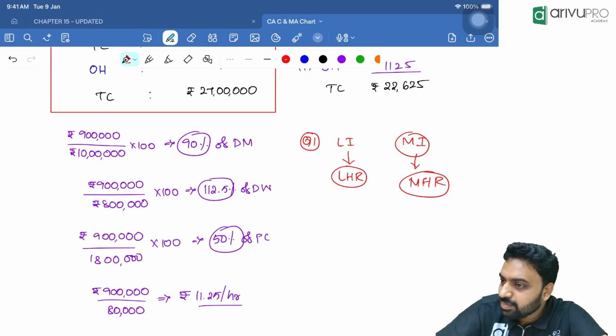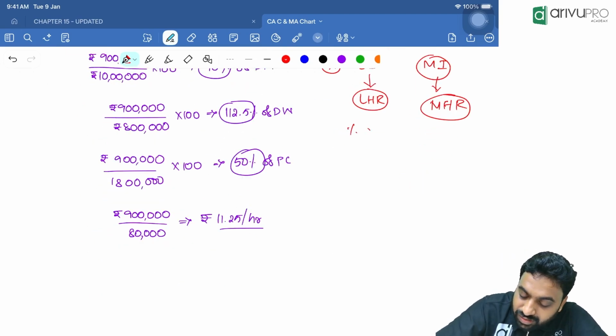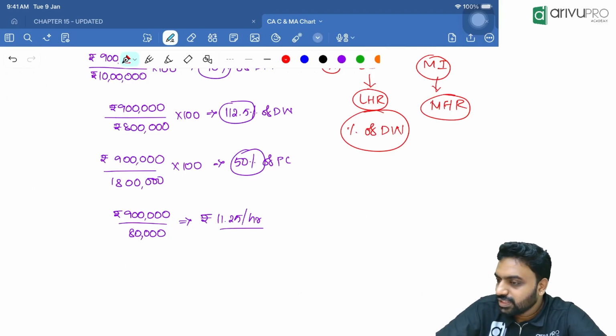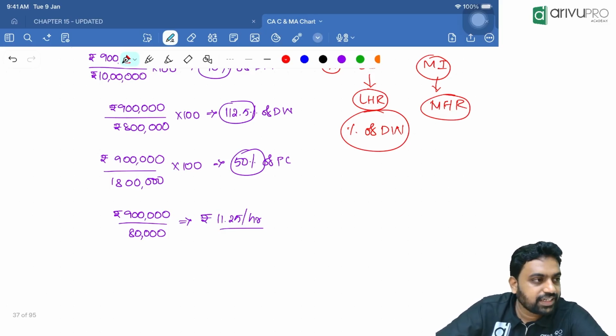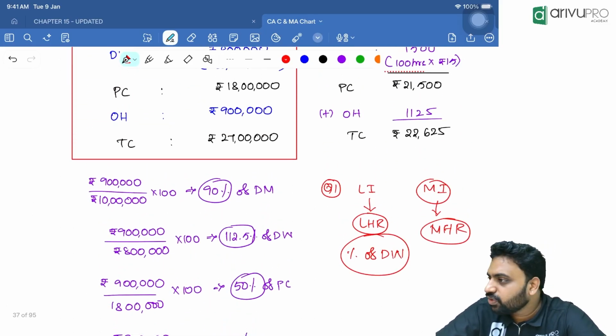Only one type of labor is there, single rate is there. That time you go for labor hour rate. Otherwise you go for percentage of direct wages. If we have labor of different rates, of course we can't take the labor hour, because every labor hour is not the same. In that case, we can straight away go for percentage of direct wages.